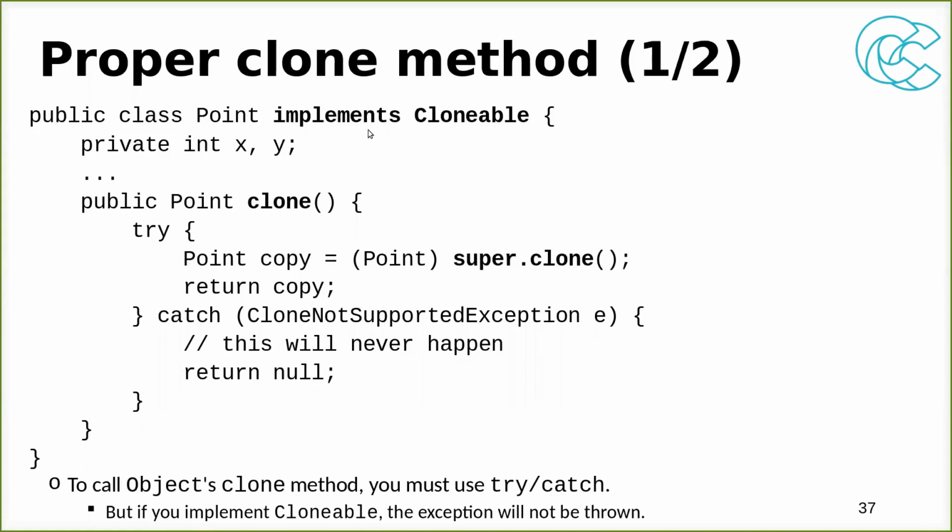If you don't implement Cloneable, it is going to throw the CloneNotSupportedException if you call super.clone. But if you implement Cloneable, then this exception will never be thrown, and that's why this comment was added that this will never happen. So it doesn't matter even if you return null. Okay, thank you so much.